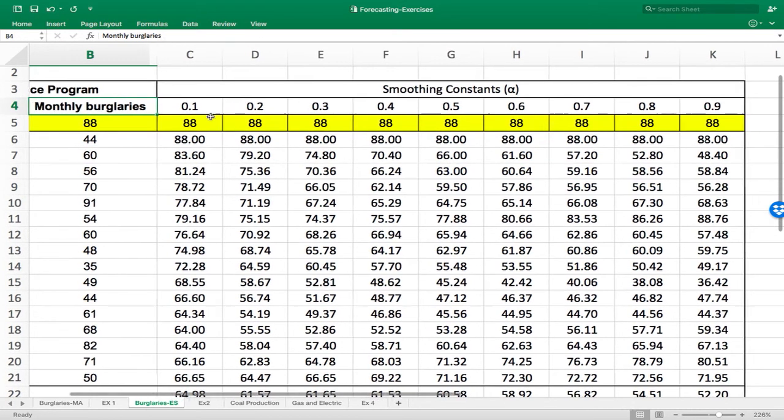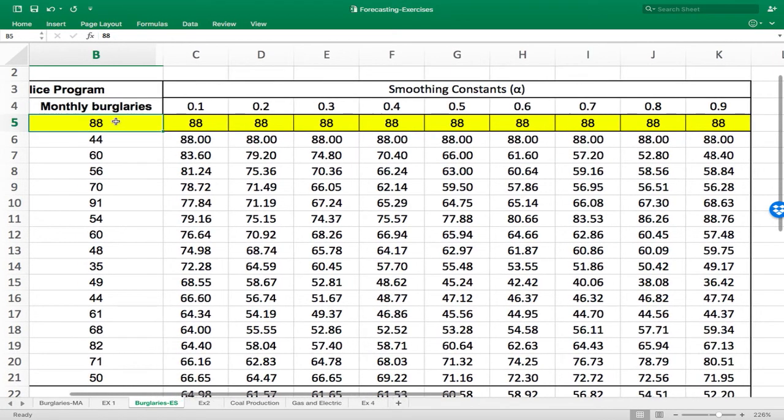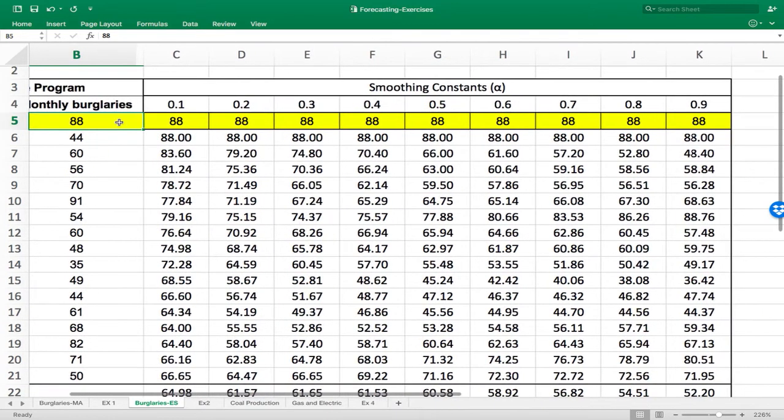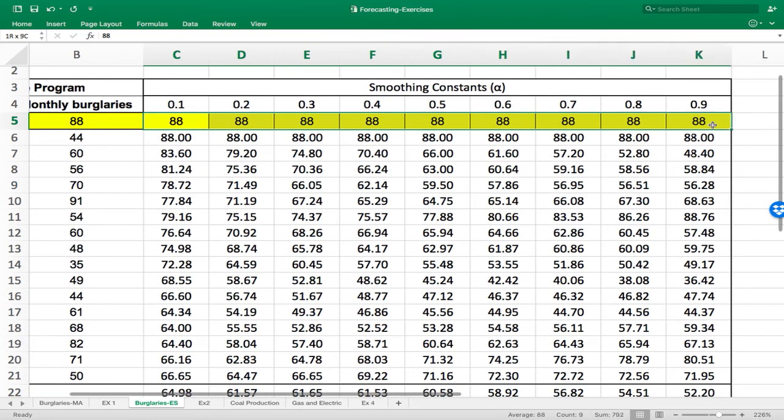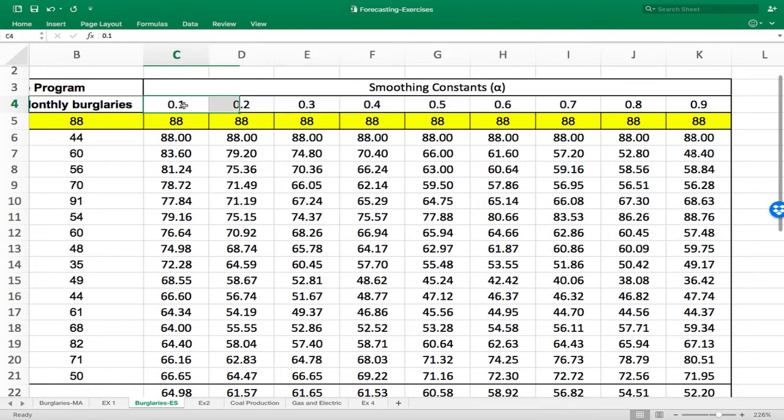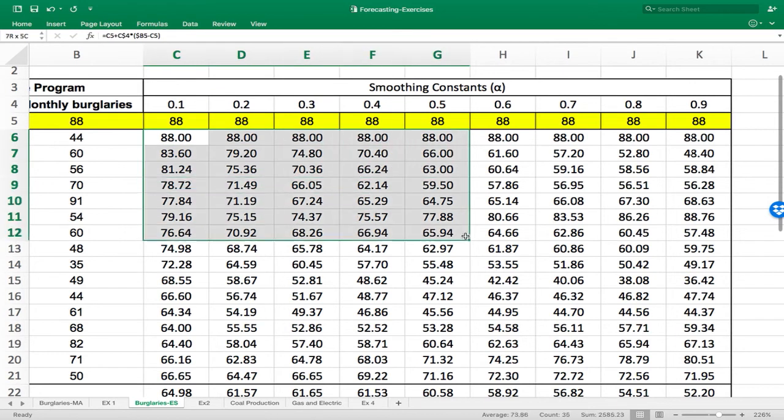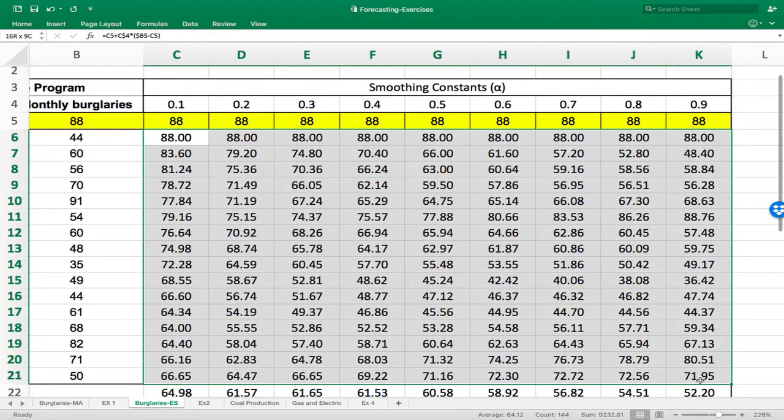In this example, the first monthly burglary number is taken as the forecast for the exponential smoothing method. And these are the alpha values. For each different alpha value, in increments of 0.1, you can see in these columns the different forecast values for this problem.